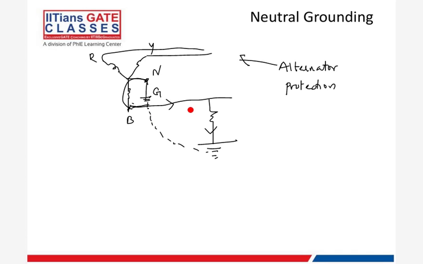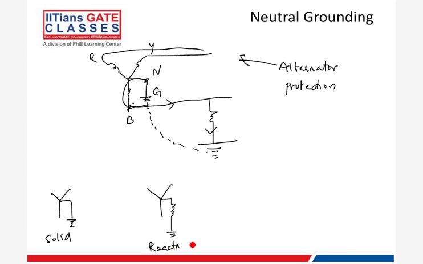There are different possibilities of neutral grounding. The first one is plain or solid grounding, where we connect the neutral directly to the ground. Then we have reactance grounding, where we connect it to the ground via a reactance.